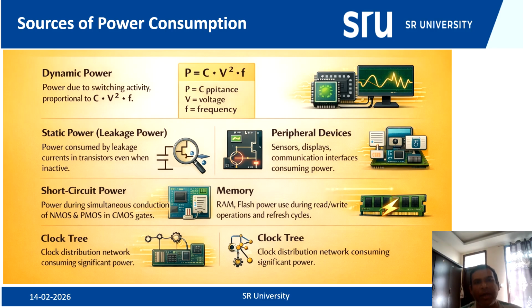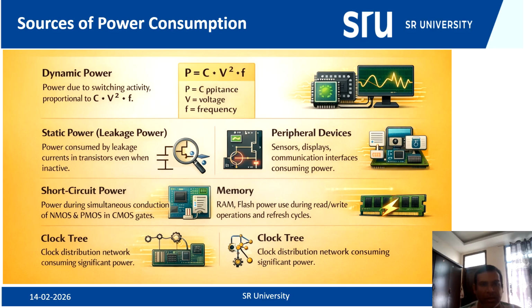This switching activity consumes energy, and the total dynamic power is approximately given by the equation P equal to C V squared F, where C stands for the load capacitance, V is the power supply voltage, and F stands for the frequency at which the input voltage is changing from one state to another.